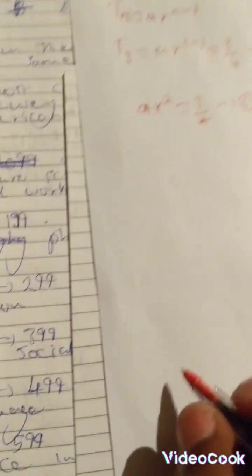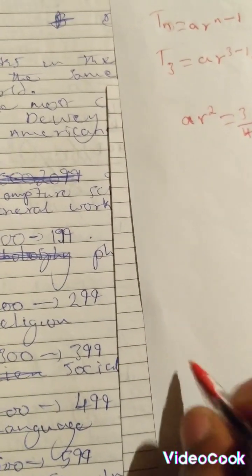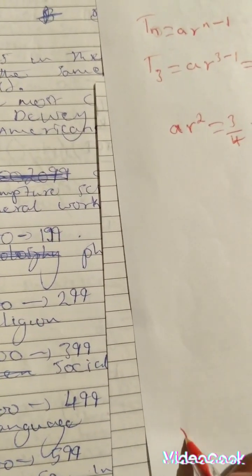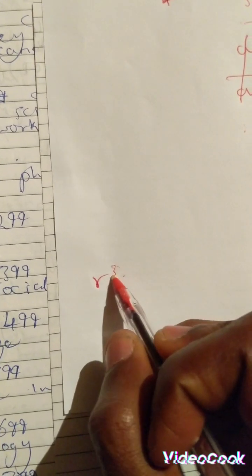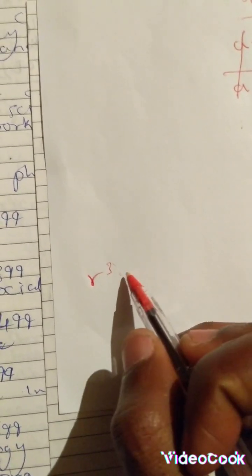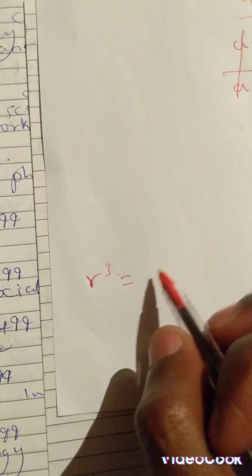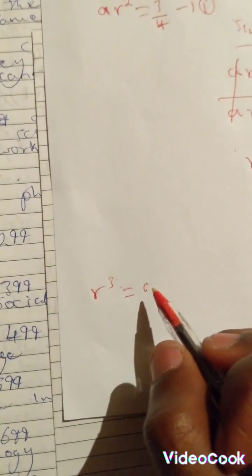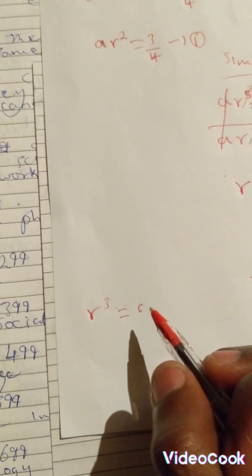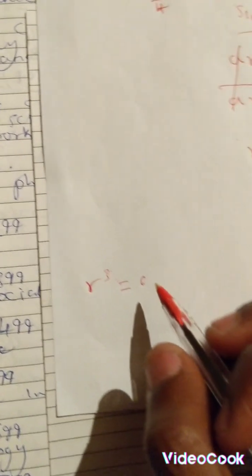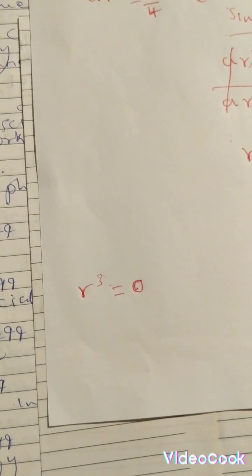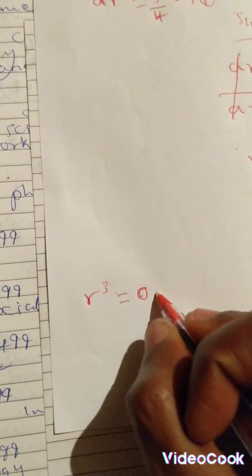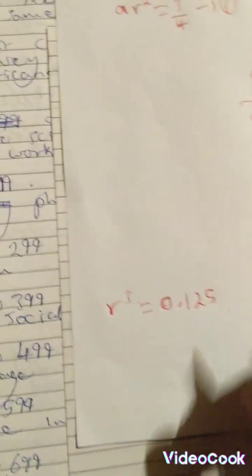So the answer here is r cubed is equal to 0.125.